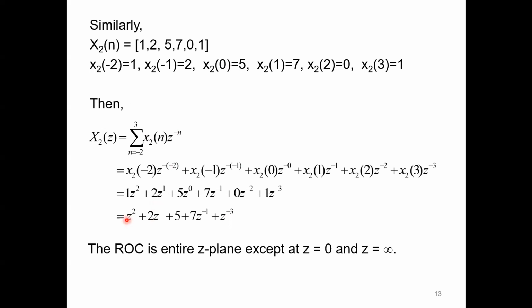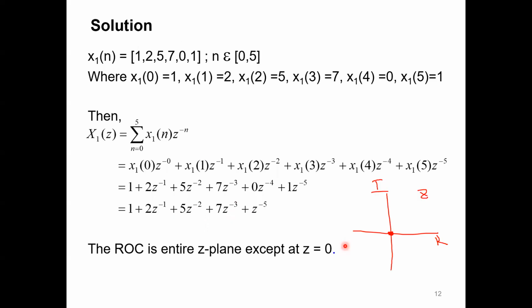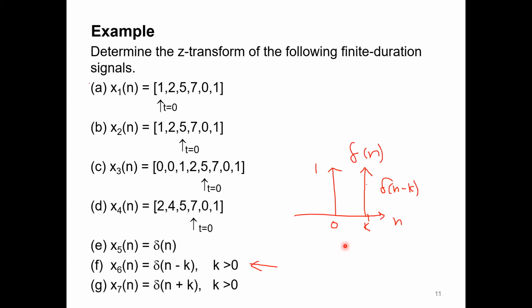If z is infinity, the expression is infinite, so we can't take that. And when z is 0, these two terms are not defined. Therefore, this sample sequence is not defined for z equals 0 and z going to infinity. So that's all I want to tell you about this.